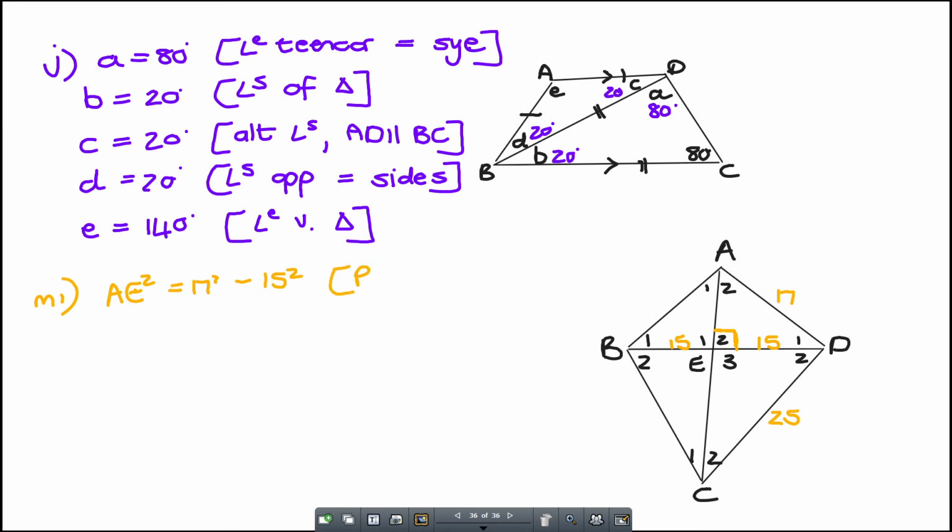We've got to state that it's because of Pythagoras. So 64. So AE will be 8.